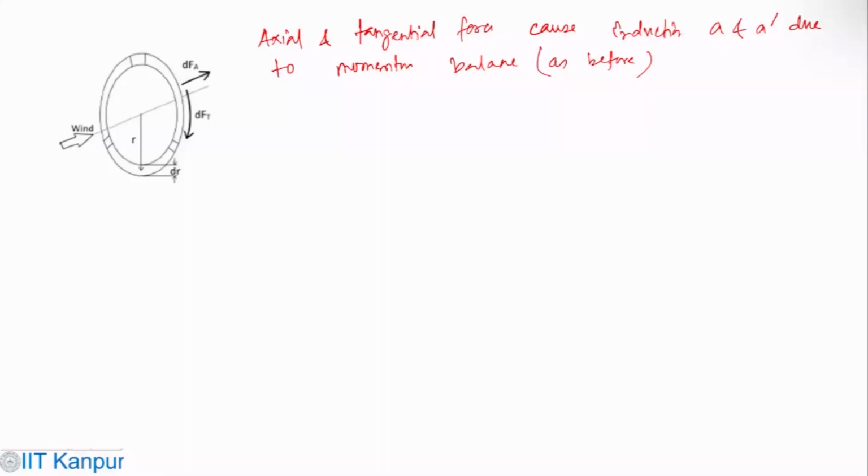So now we have the axial force dFa, which is dm dot 2a u infinity, which is equation 29, which is rho 2 pi r dr u infinity (1 minus a).